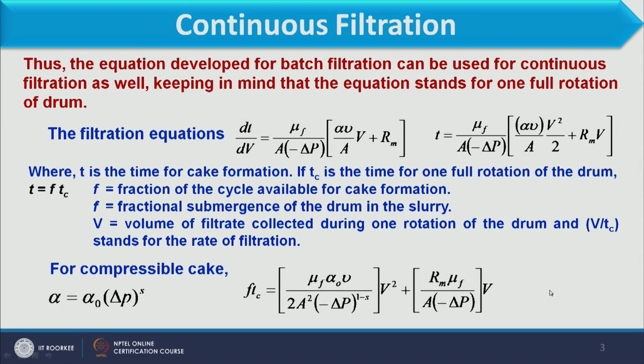As the concept of constant rate and constant pressure is not applicable in this case, this equation is used to calculate the time required for a full rotation for compressible cake.